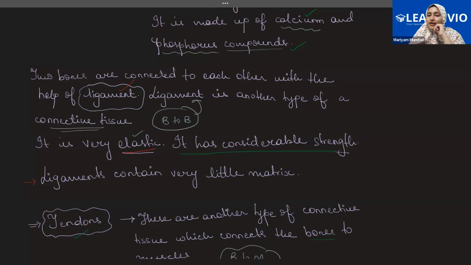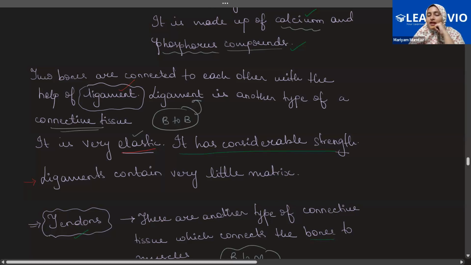It's not that easy to break the ligament, but maybe under very strenuous exercise, or wrong posture and then falling down, ligaments can break. So when the ligaments break, imagine the two bones are attached with the help of ligaments, the bones will separate like that. So again, ligament contains very little matrix. It does not have a lot of matrix present in it. Matrix means ground substance, the basal substance.